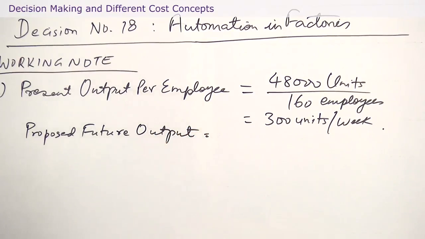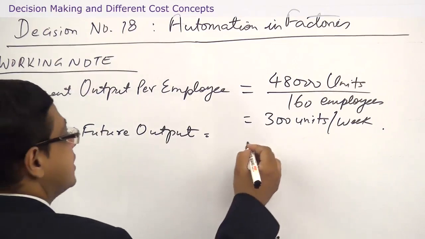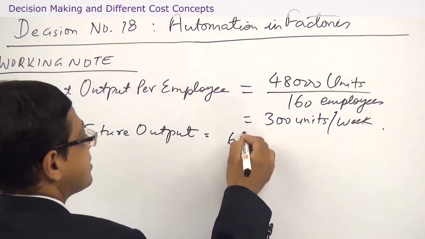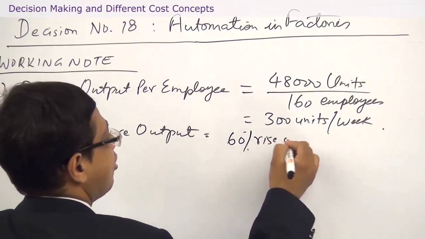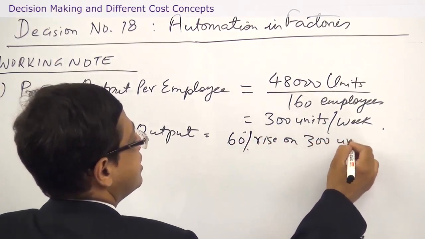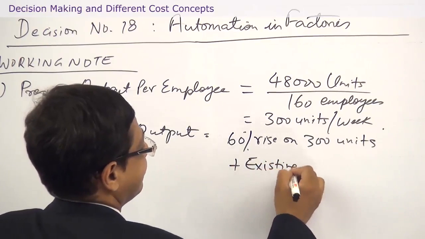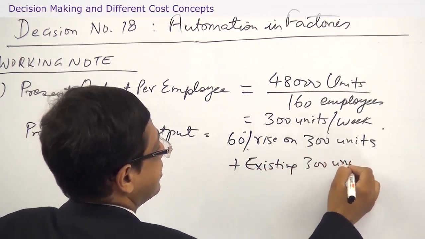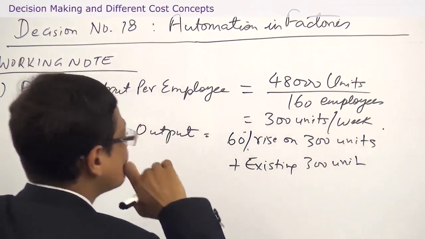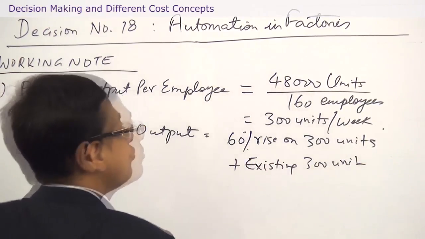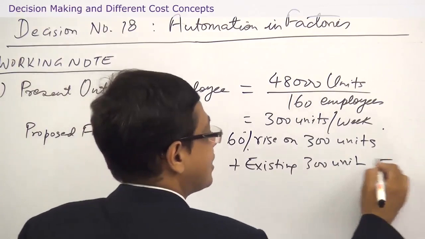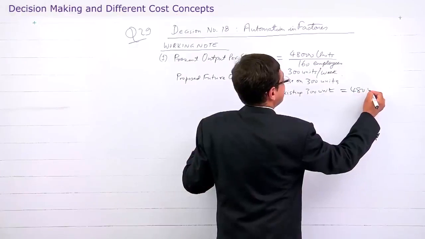What does it say? You have to increase by 60% of the present output. This means 60% rise on 300 units plus existing 300 units. So this is 180 and this is 300. So the output per employee will be 480 units.